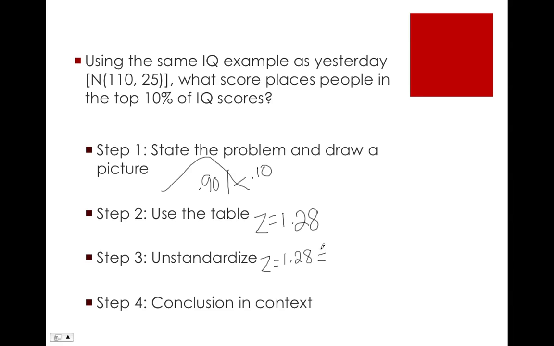Now you need to think about the formula for a z-score, which is x minus the mean over the standard deviation. So this is x, the actual IQ score, minus the mean IQ score, which was given to us as 110, divided by the standard deviation of 25. And what I'm going to do is solve this for x. I want you to pause and do the algebra here. Solve this for x.